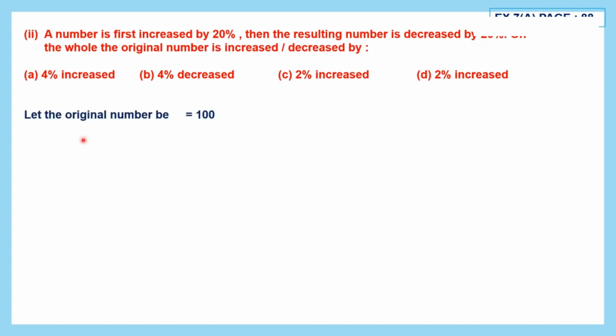So let the original number be 100. Okay, we just take the original number to be 100. Then increase in the number will be 20%, because here it says 20% increased, isn't it? So that will be 20 by 100. Whenever you get percent and you have to put it in the form of percentage like this, you write the denominator 100. 20 by 100 into 100.